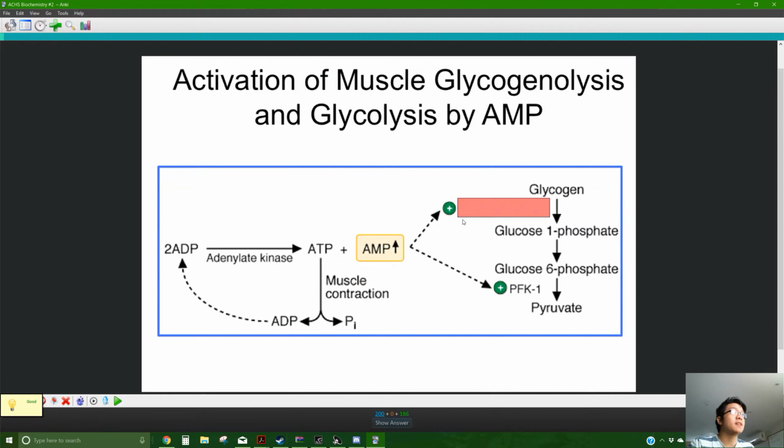These are just semantics. It seems that AMP will be increased as a result of this being increased. I'm assuming that this is probably hexokinase or glucokinase. So we have muscle, right? I'm going to say it's hexokinase because I think glucokinase comes from the liver, while hexokinase comes from many tissues, including muscles, right?